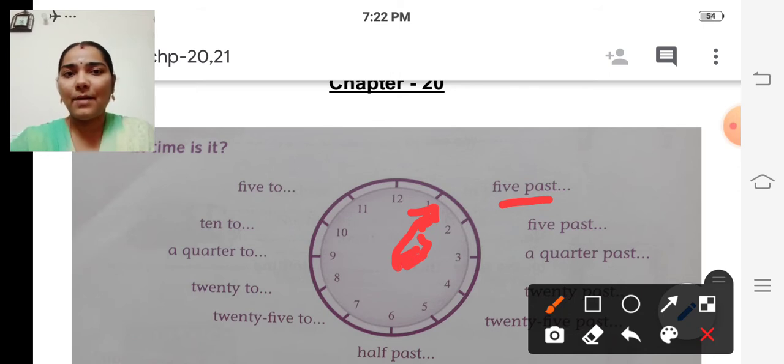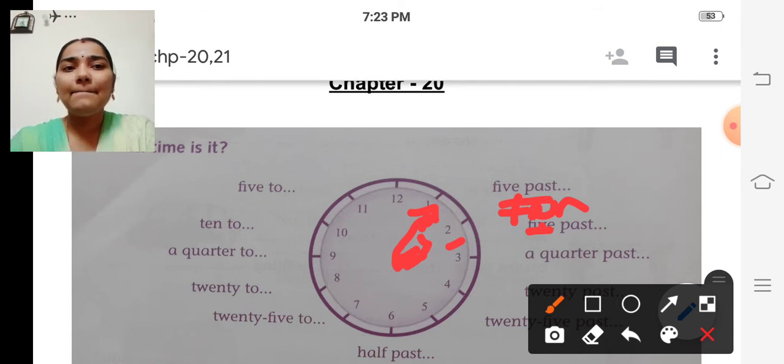Okay, if the minute hand passes 2, then we'll say 10 past 2.